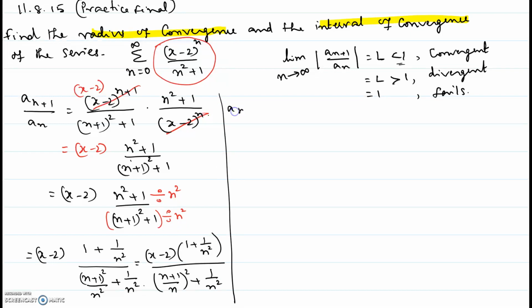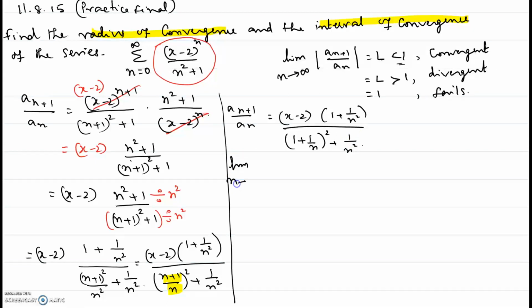So we get a(n+1) over a(n) equal to x minus 2 times 1 plus 1 over n squared, divided by, within this parenthesis, we can reduce that to 1 plus 1 over n, so it is (1 plus 1 over n) the whole squared plus 1 over n squared. Now we'll take the absolute value and also allow n to approach infinity.